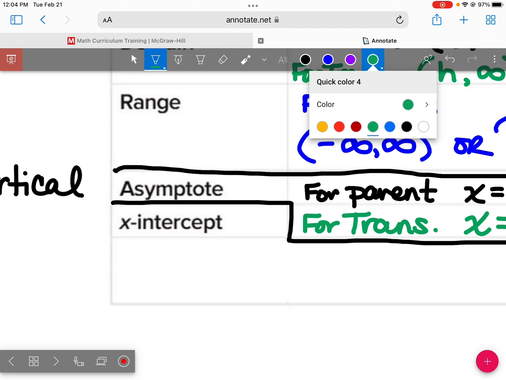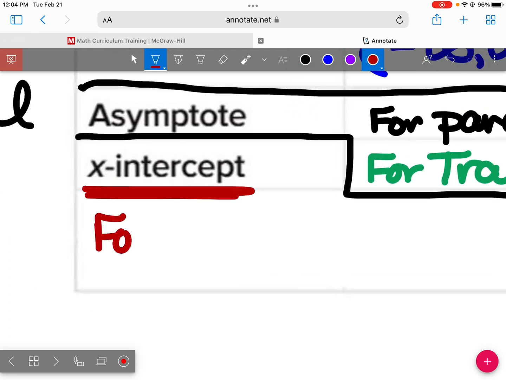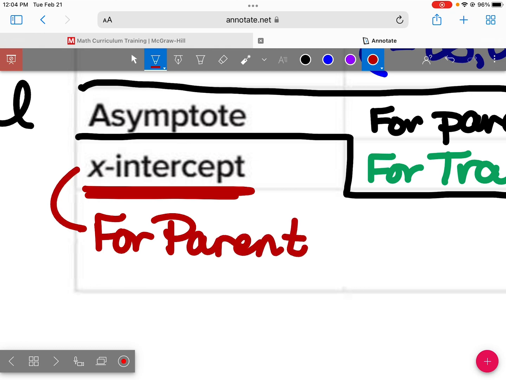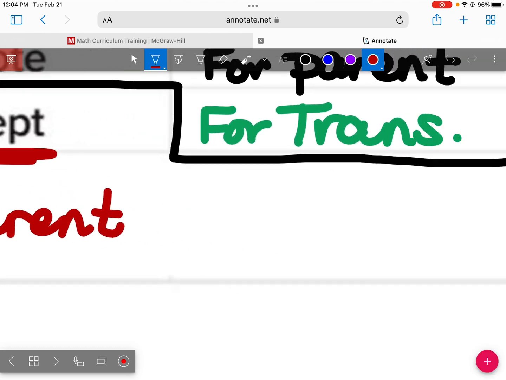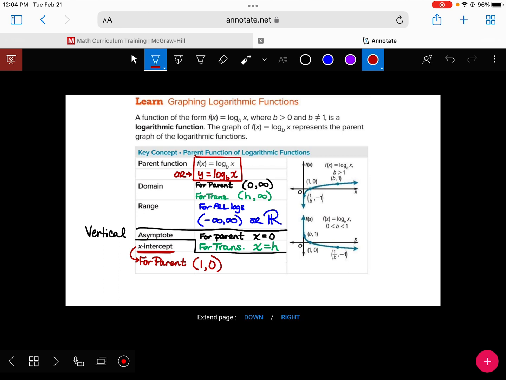All right, last piece that we're going to add here, x-intercept for the parent. Is 1, 0. It just rotates between 0, h, and 1.